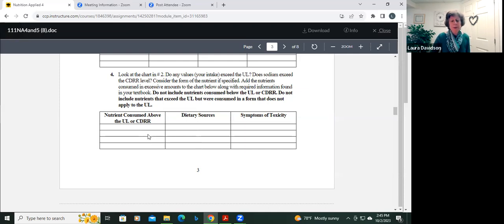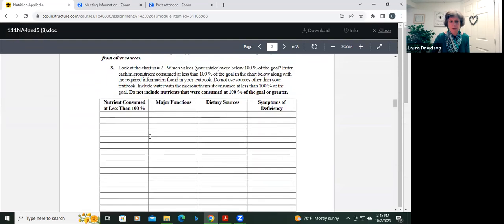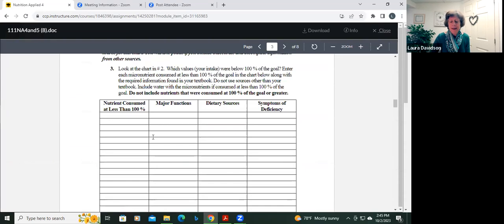Niacin's not uncommon, but remember, it has to be synthetic. And occasionally iron, but not very commonly. It's very difficult to reach the UL through foods alone. And since you don't have multivitamins in your dietary records, you probably are not going to hit many ULs, if any. All right, but this is all the data gathering and analysis.